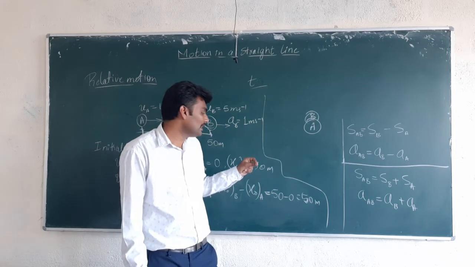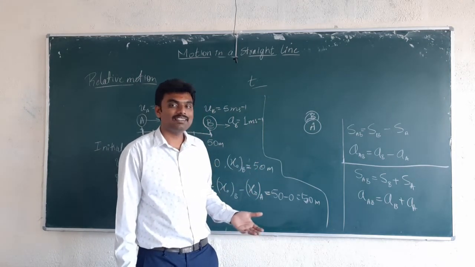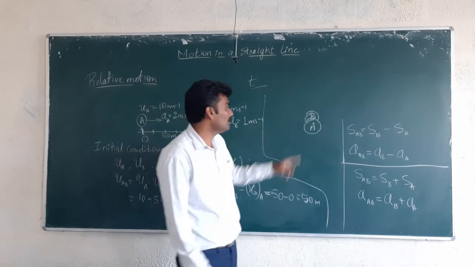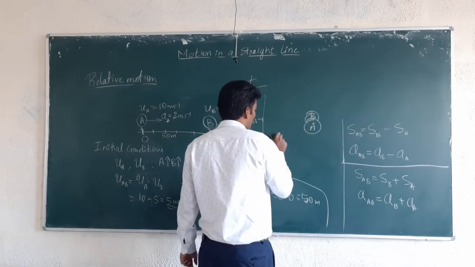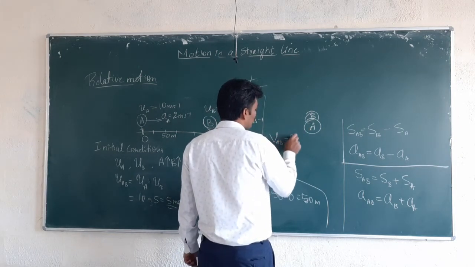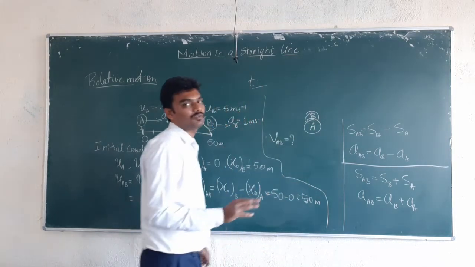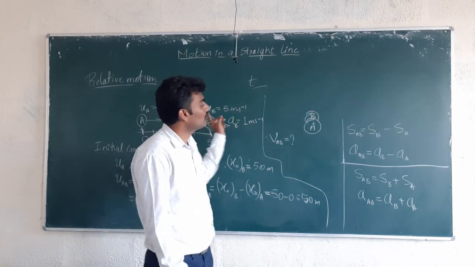But what we need is not the individual conditions, instead the relative conditions. So here the final relative velocity VAB can be found, just that can be found, but we are not asked to find that. What we are asked to find is the time taken for this motion.